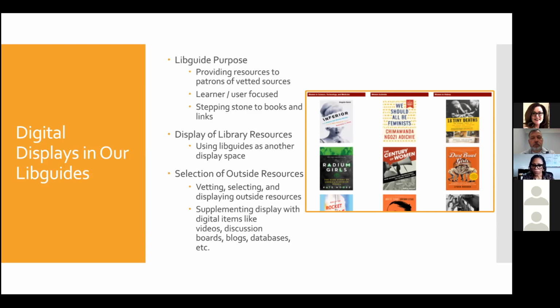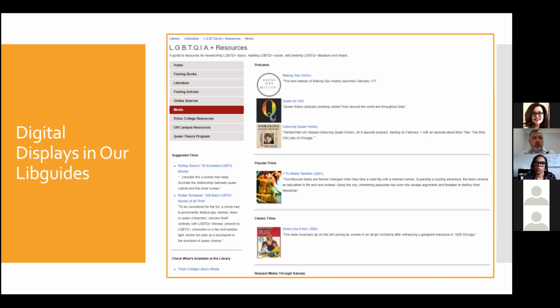As an example, go ahead and hit our next picture. On this particular LibGuide, we were excited to not only focus on books and ebooks that we had available for LGBTQ resources, but also we were able to focus on some podcasts or some popular and classic films, which are leading our users to other platforms that we have, like Swank and Academic Video Online, and even Canopy.